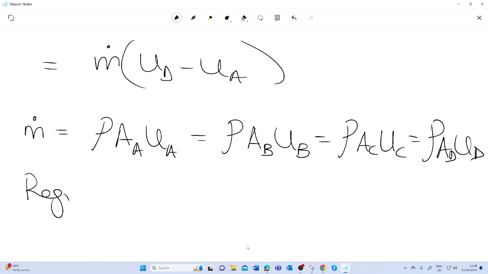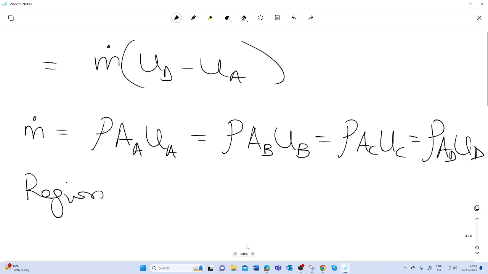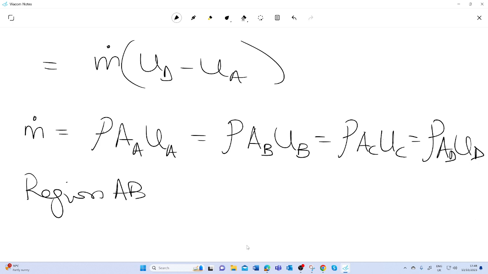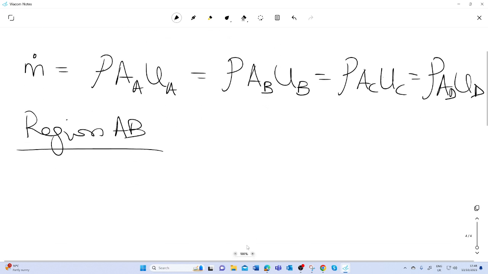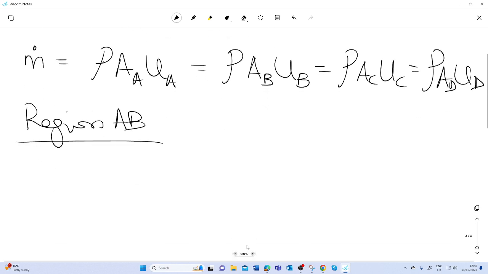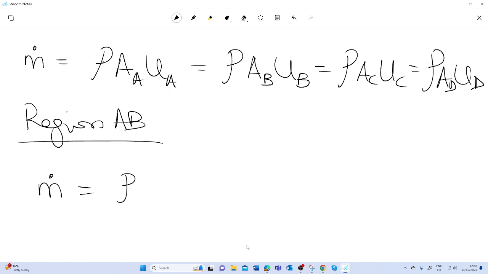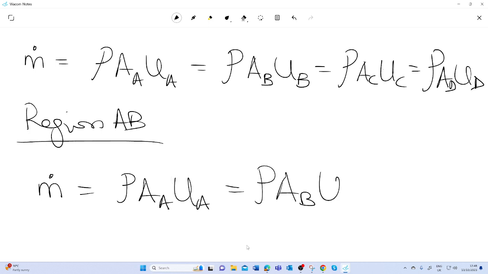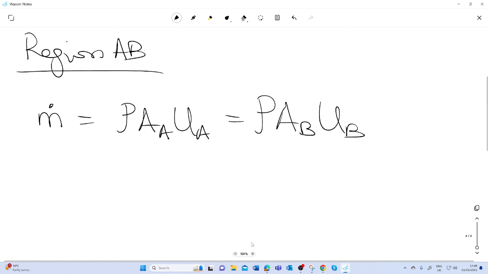And for the region AB, the mass flow rate equals rho AA UA, which equals rho AB UB. That's for the region AB.